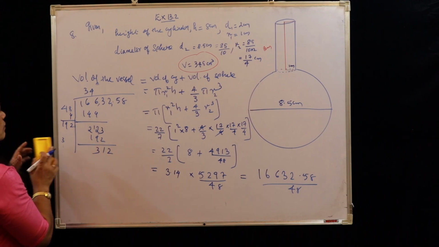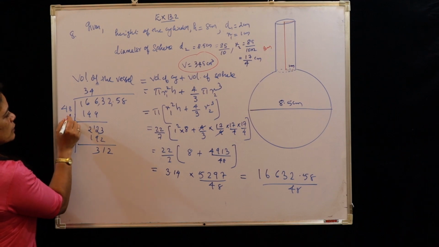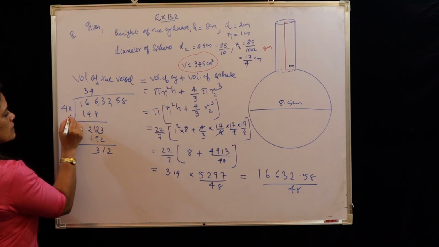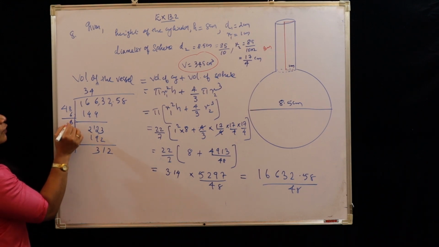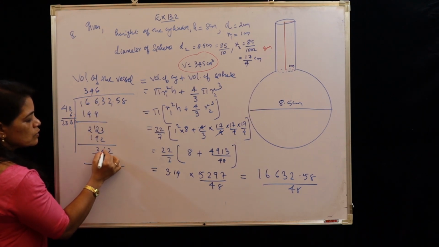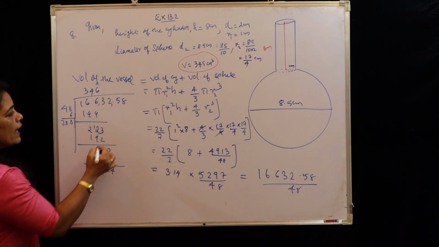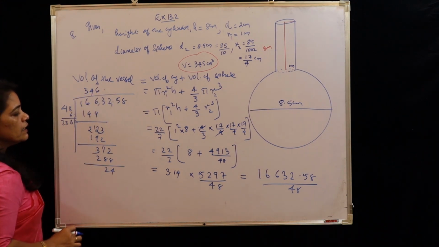Then 3, 31. Then we can bring down the next number, that is 2. We can divide this by 48, is it possible with 5? 5, 44 carries 24. So we multiply with 6, just close to 312. So 48 into 6, that is 288. Then we take the next from the decimal place, so we have to put the decimal point in the quotient place.